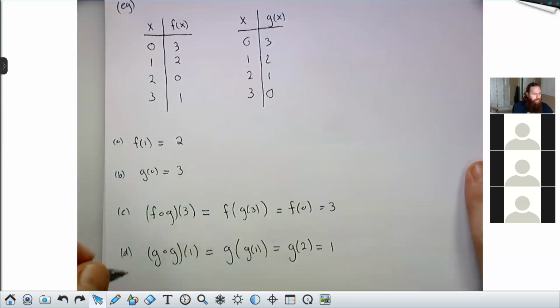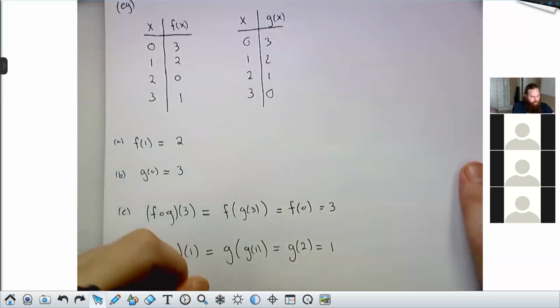All right, let's do one more. Let's do g of f of f of 1.